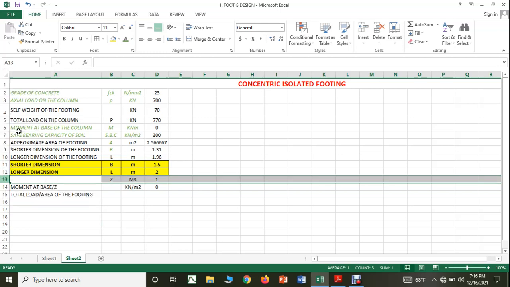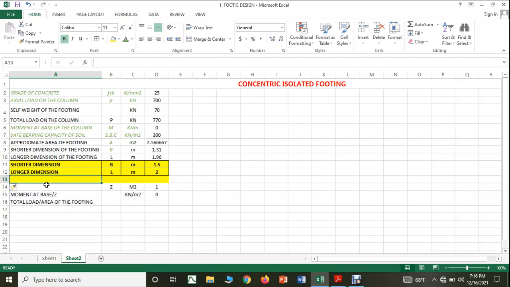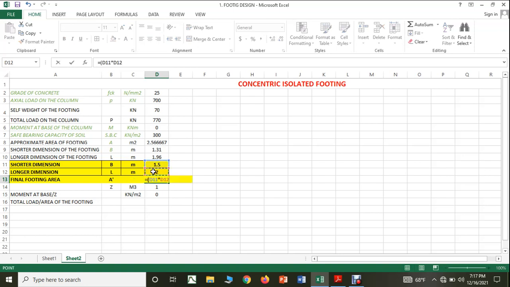Therefore let us insert one column and write final footing area in meter square. Let us give that as A dash, with m square as the unit. That will be this into this, which gives you 3. You can see your approximate area of the footing was 2.5, now it is 3, right?